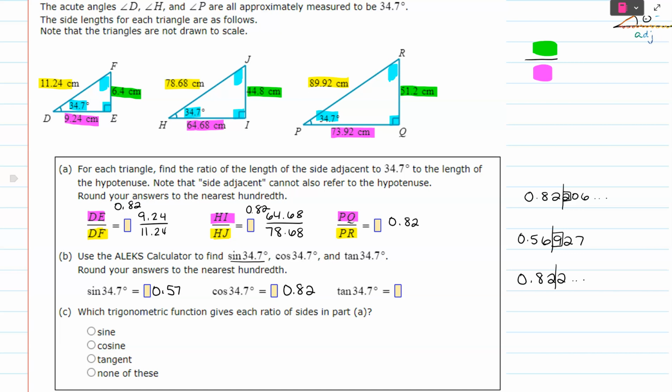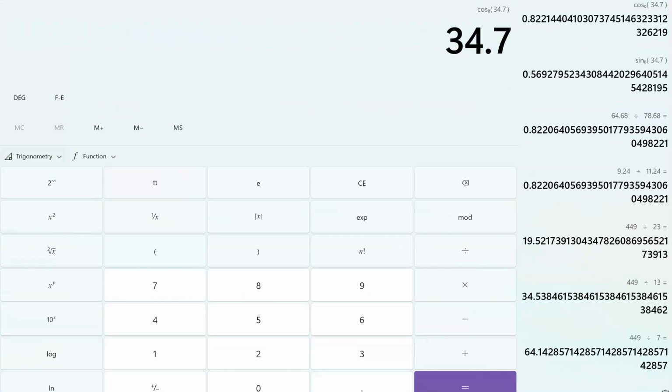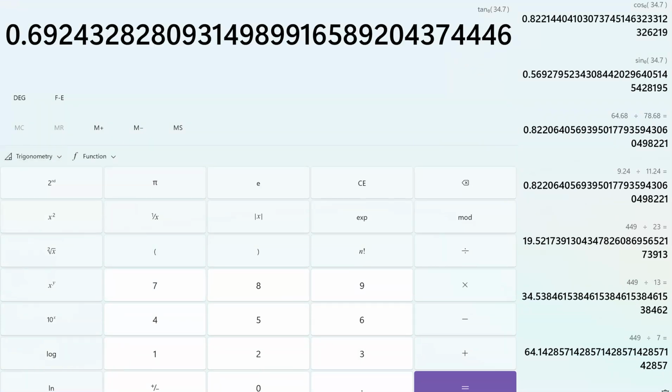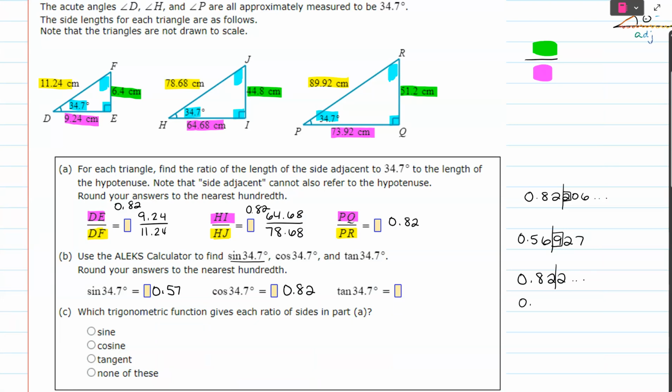And then lastly, we'll do tangent of 34.7. So 34.7 tangent, 0.692. So again, breaking it at the 9, it's either 0.69 or 0.70, but the 2 tells me to keep it, so I have 0.69.